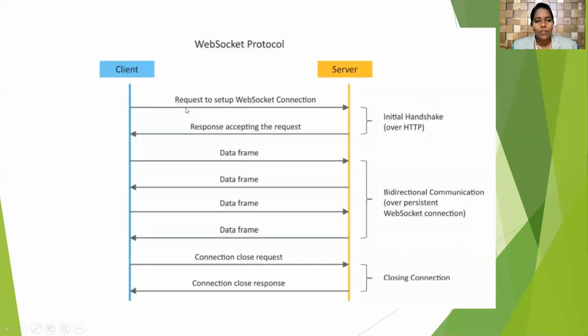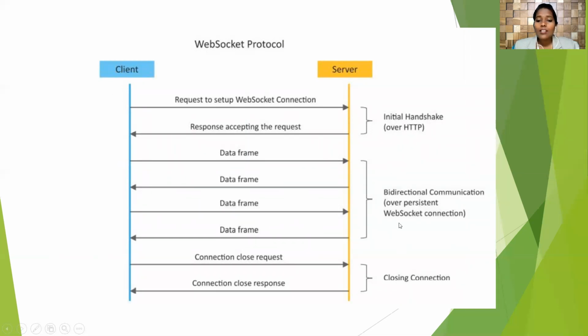So this is the WebSocket protocol. The client gives a request for setup to the server. As the WebSocket protocol follows the exclusive pair communication model, it requires a setup connection, an initial handshake. Once it gets a response from the server, it starts sending data frames.